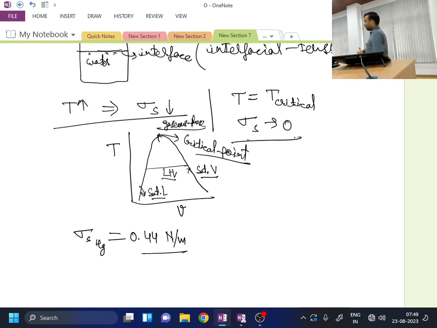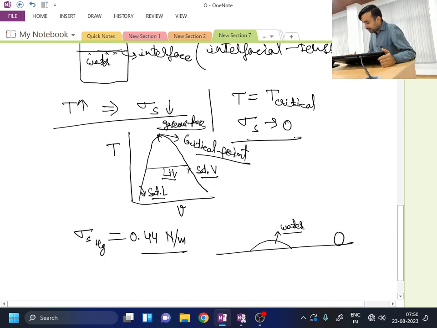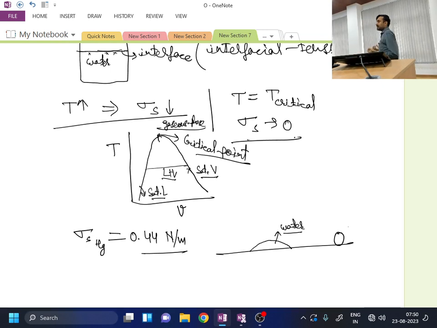That is the reason that if you take a very smooth flat surface and place a water drop over it, it will take a shape something like this. But if you consider a mercury drop of equivalent volume, you will find it forms almost a perfect sphere and rolls over the surface because its surface tension value is very high.